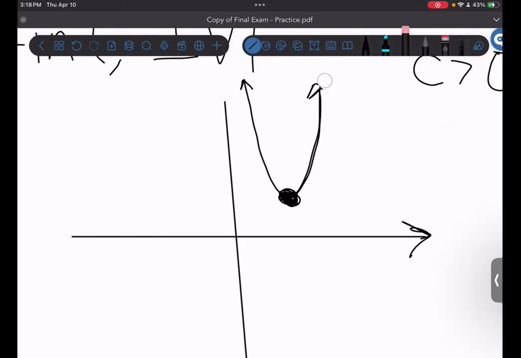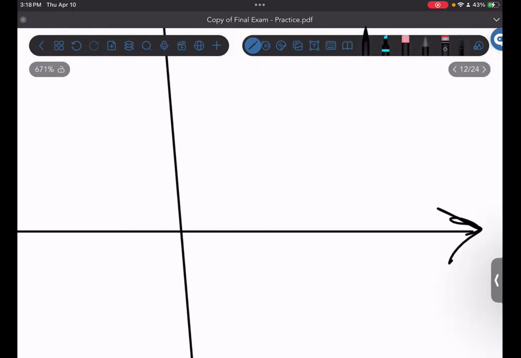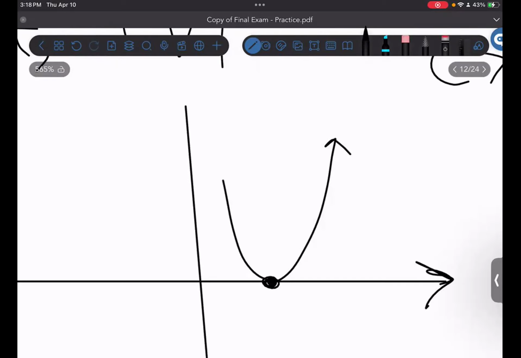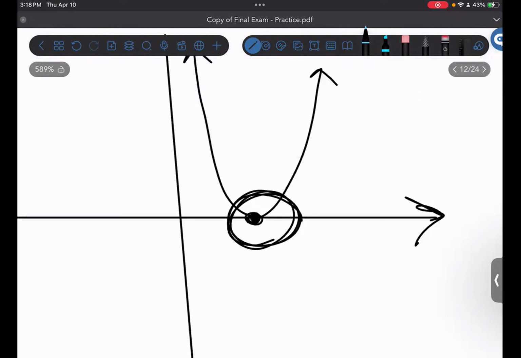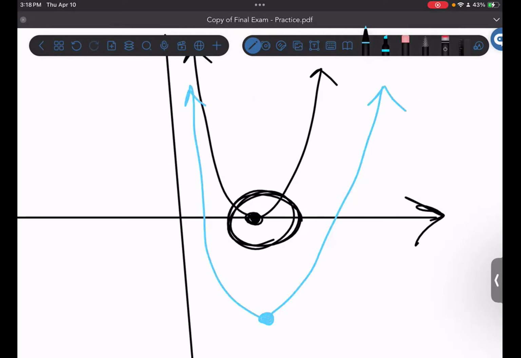Maybe if I make the minimum value equal to 0 and it goes upwards, this is okay, right? Because we have at least one x-intercept, which is good. If I make the minimum value be below the x-axis, then I could have more than one x-intercept, right?